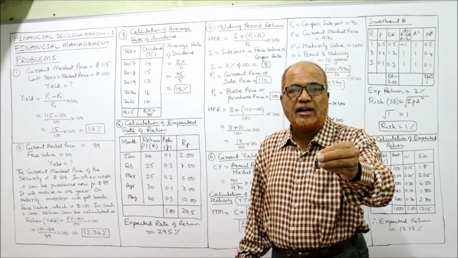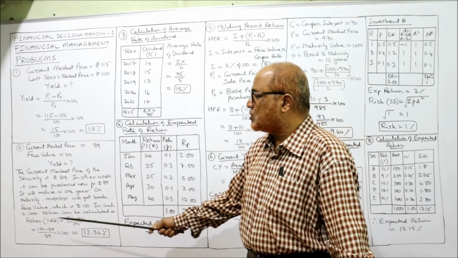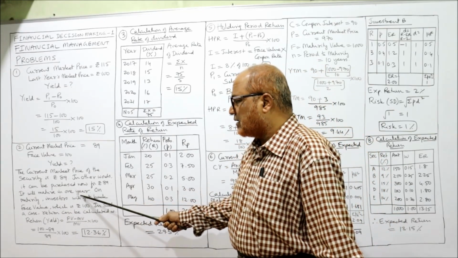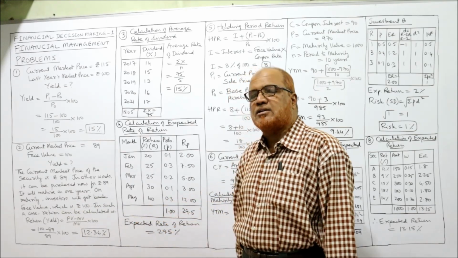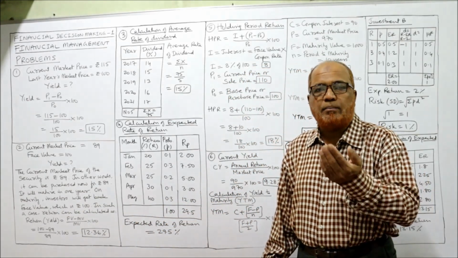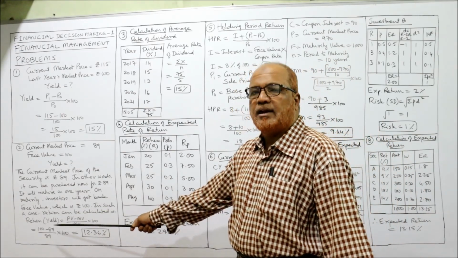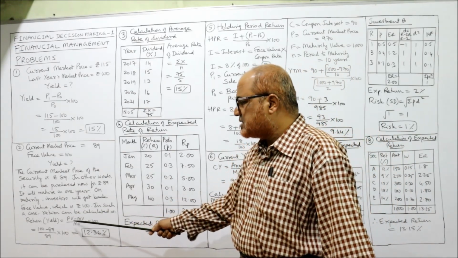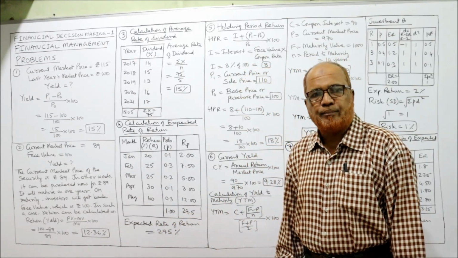I am making an investment of 89. After 1 year, I am going to get 100 rupees. So what is the rate of return? It will mature in 1 year. On maturity, investors will get back the face value, which is rupees 100. So in such a case, the yield is equal to (FV minus MV) divided by MV.